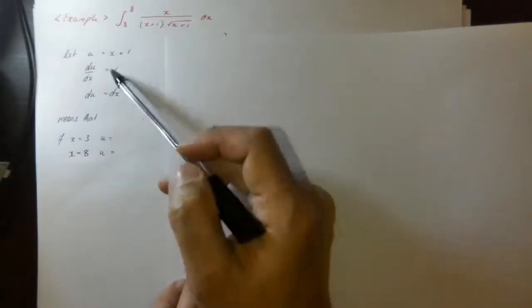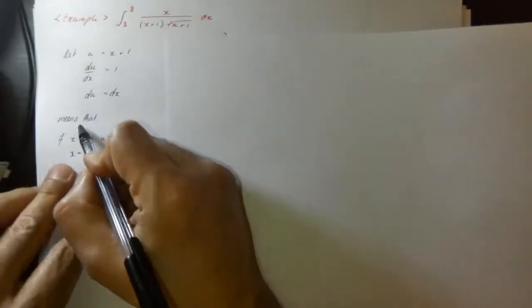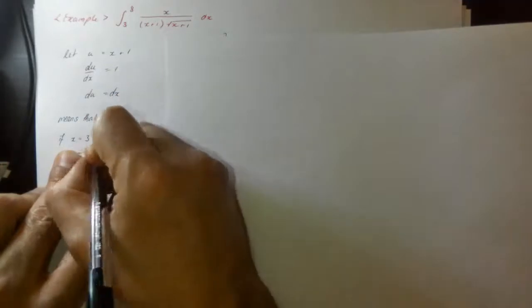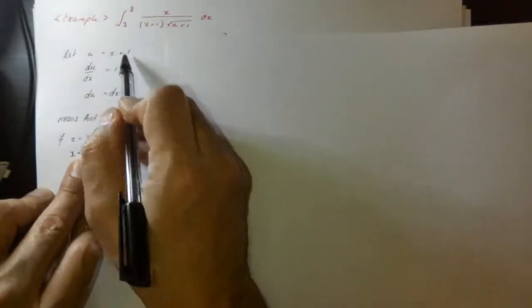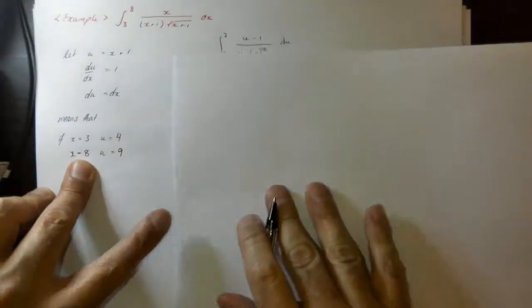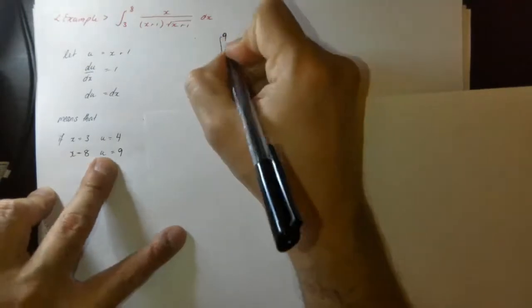Sometimes when this happens, it's not the greatest, but for this example, it will work. It means that if x equals 3, so 3 plus 1, u equals 4. And if x equals 8, 8 plus 1 is 9. Okay, so what we're going to integrate is from 4 to 9.